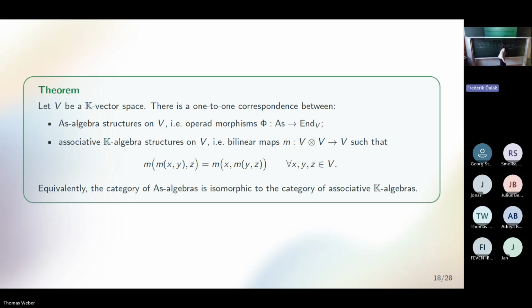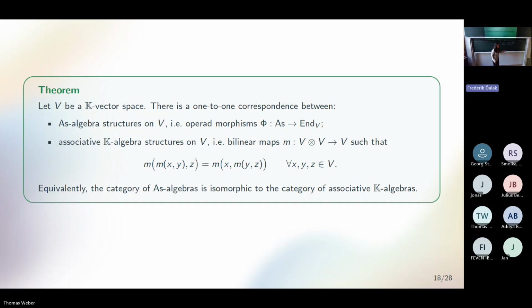So if we have f, a morphism of As algebras, then by definition, I do not have it here, it satisfies this equality for each arity n: f composed with phi_n^V of mu_n is equal to phi_n^W of mu_n composed with f tensor n.